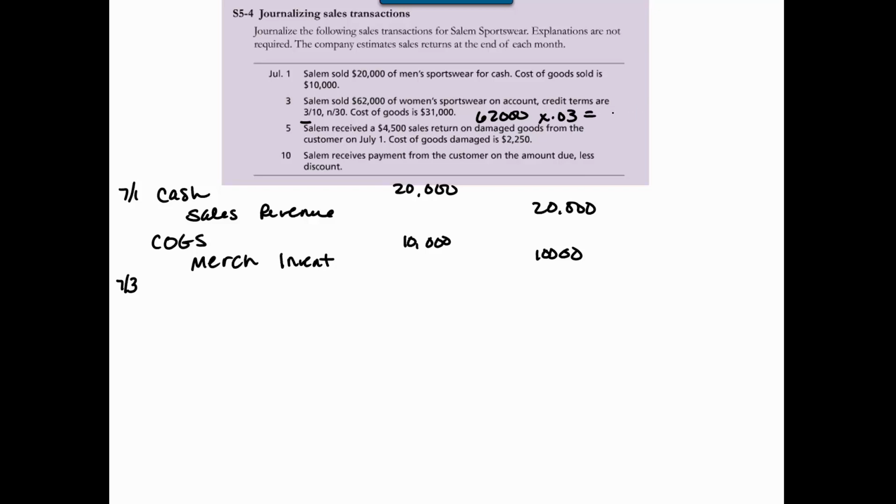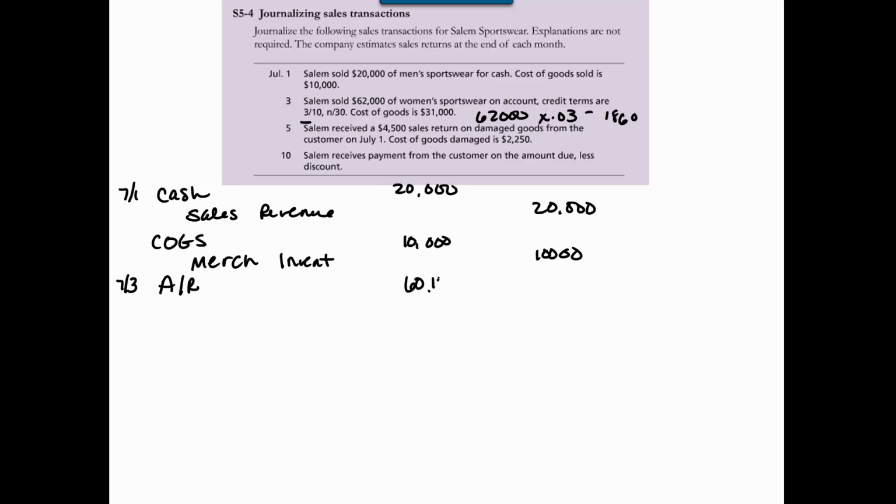I'm just going to assume they're going to take that. So that makes a discount of $1,860. So that means instead of recording $62,000, I'm going to subtract off that $1,860. So I'm going to record my sale. I'm going to debit accounts receivable.